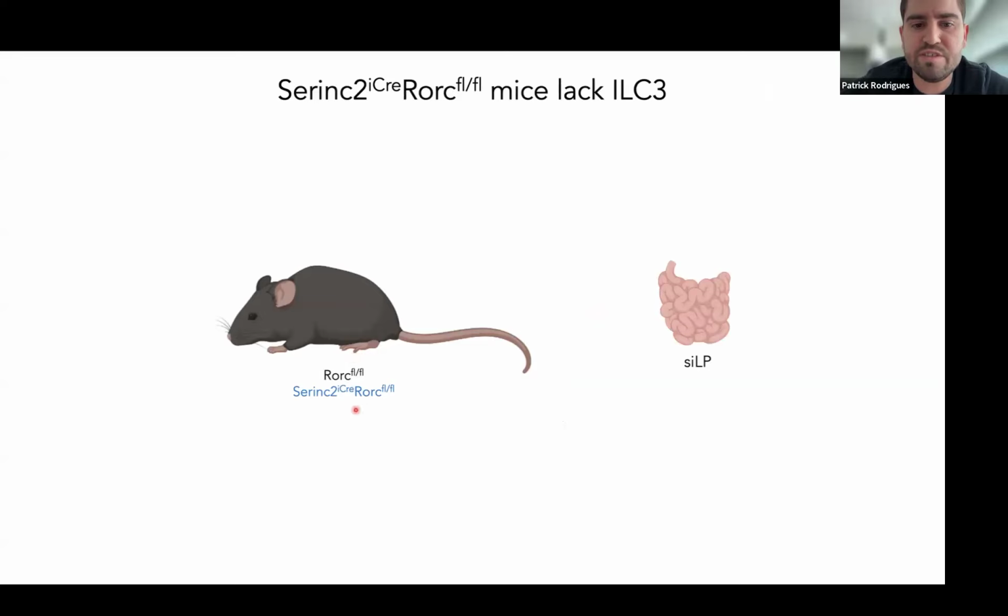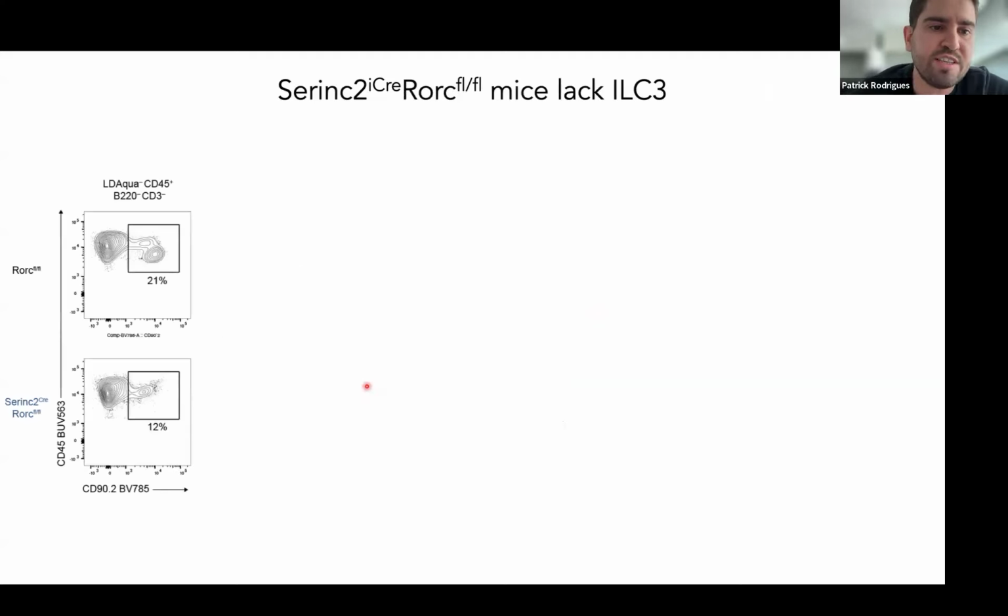We intercrossed the Serine-C2 with the RORγt flox and then assessed the frequency of ILC3s in the small intestine lamina propria as well as the mesenteric lymph node. If we gate on B220 negative, CD3 negative cells, and then on CD45 positive as well as Thy1.2 positive cells, you can see that in the littermate controls, which are Cre negative, you have the ILC1 compartment as well as the ILC3s, which are also described as being a little bit lower for CD45.